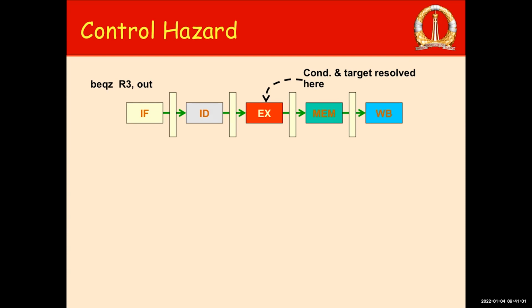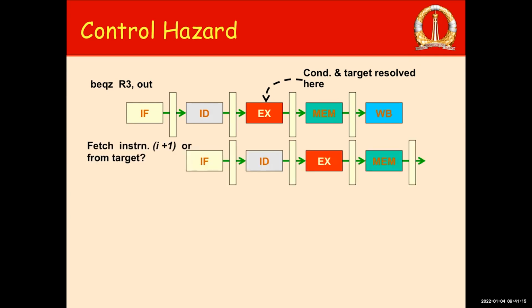Now, what happens after the ith instruction is fetched? In the next cycle, you want to fetch the next instruction. But the previous instruction was a branch instruction, and you don't even know whether it has to do a conditional branch or not.